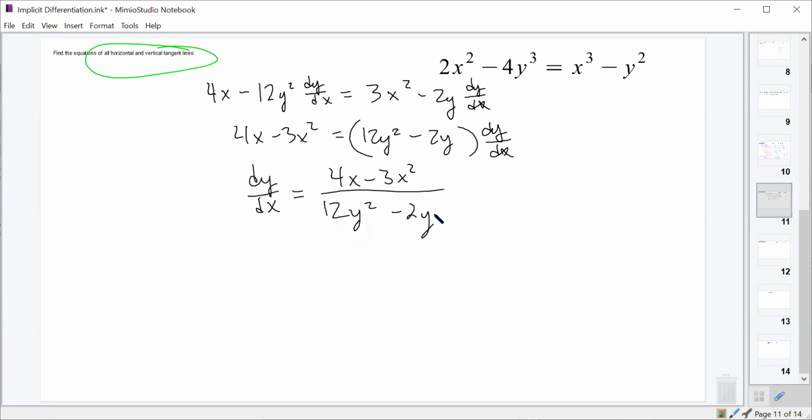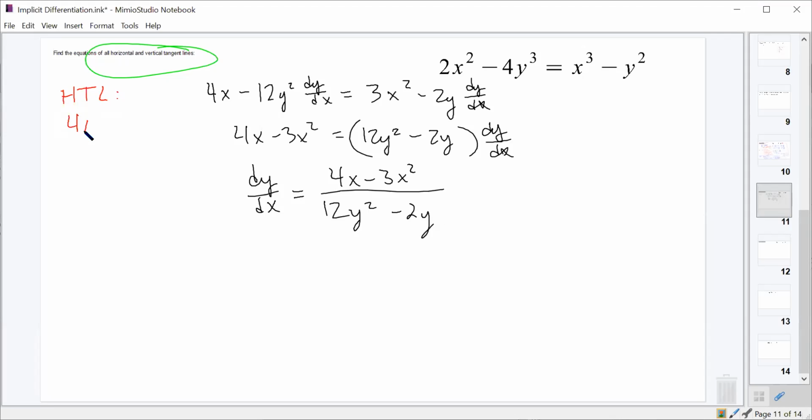So now we want horizontal and vertical tangent lines. Which one do you guys want to start with? Horizontal. All right, horizontal tangent lines. If we're going to do horizontal tangent lines, that means we need to set either the numerator or the denominator equal to 0. Which one? Numerator, right?